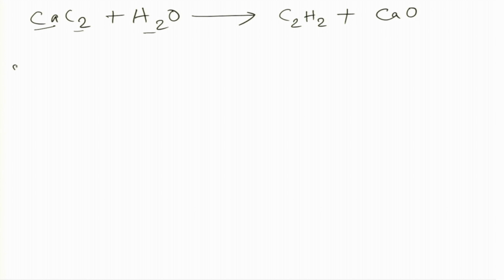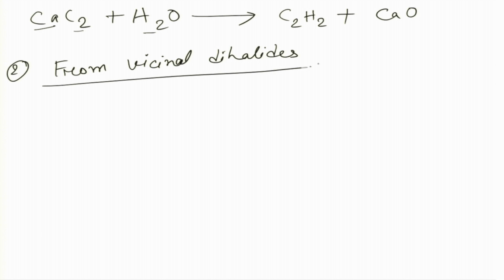The next preparation is from vicinal dihalide. When we were reading about alkenes, we studied vicinal and geminal. Vicinal means in the vicinity, that is, on adjacent carbons.